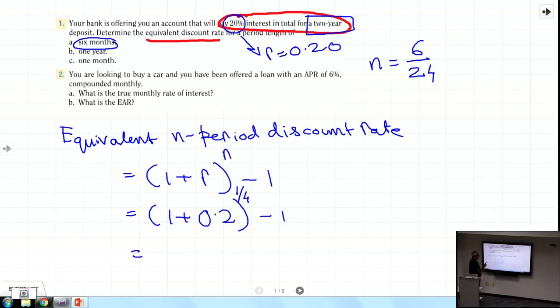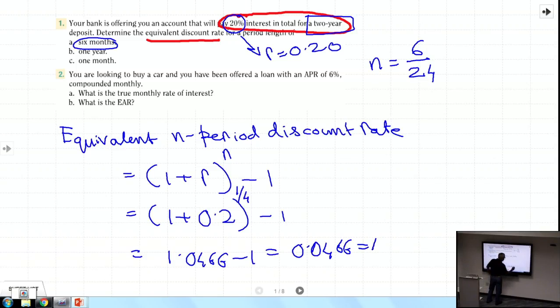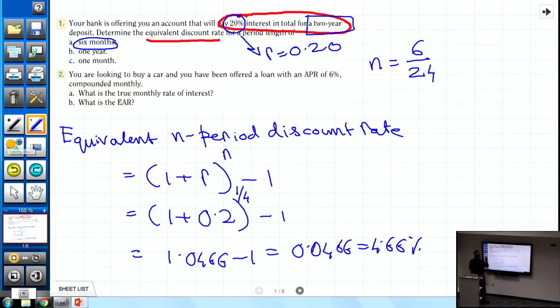So that would be 1.2 raised to the power 1/4, minus 1. And that will give us 1.0466 minus 1, or 0.0466, or 4.66%. Similarly, you can do this for 1 year. If this was 1 year, we would change n.